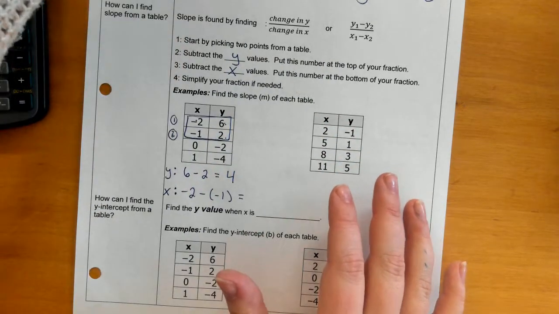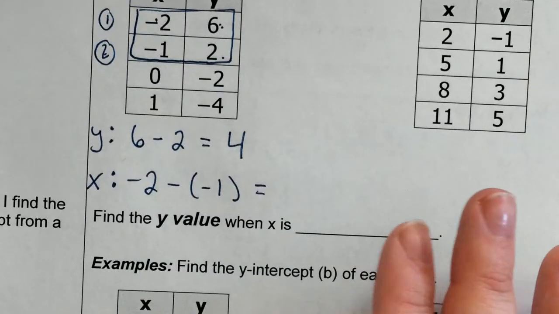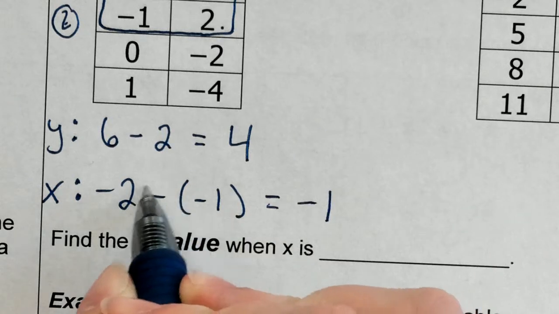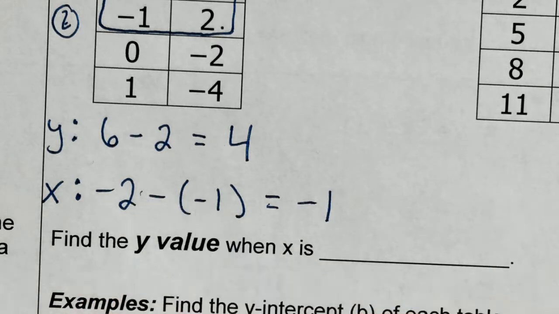I know sometimes people think that that's going to be like negative 3 or something like that, but it's not. So that's going to be negative 1. This minus negative, you can really kind of count it as a plus or a positive.